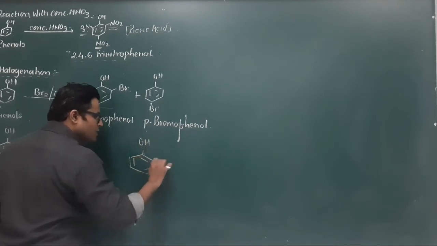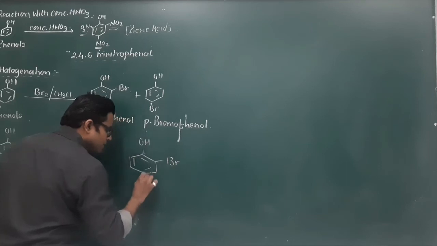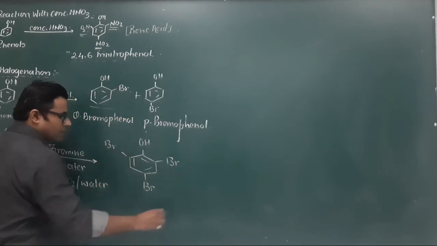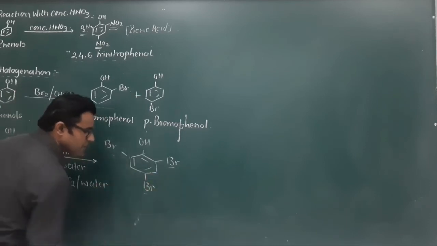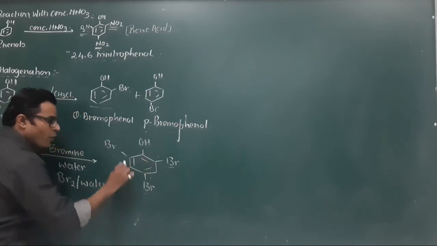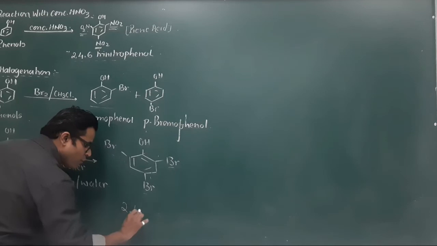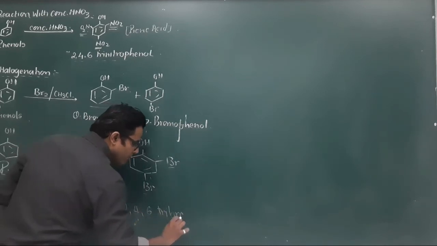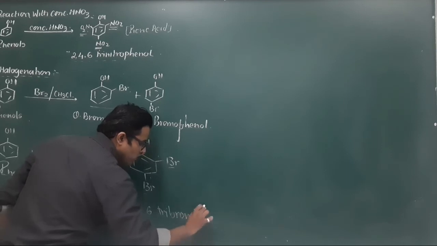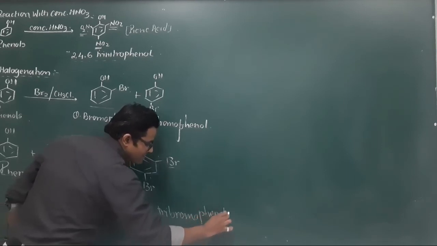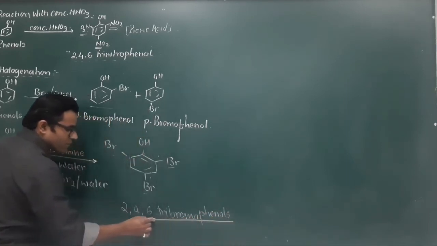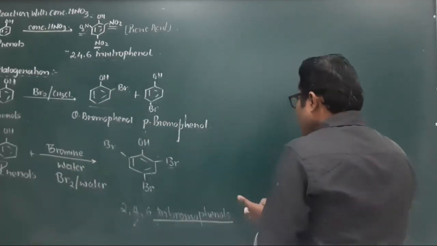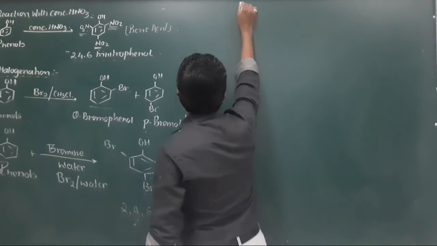Here comes the OH, here is the Br, here is another Br, and finally another Br. So 1, 2, 3 Brs at positions 2, 4 and 6. Therefore, 2, 4, 6 tribromophenol. Right? So proceeding further.